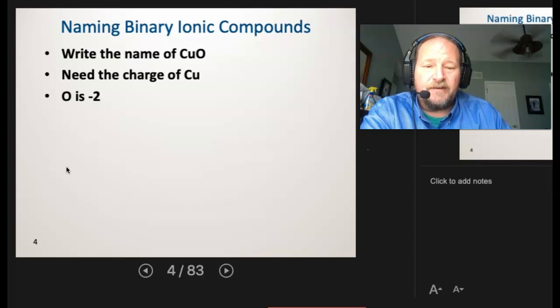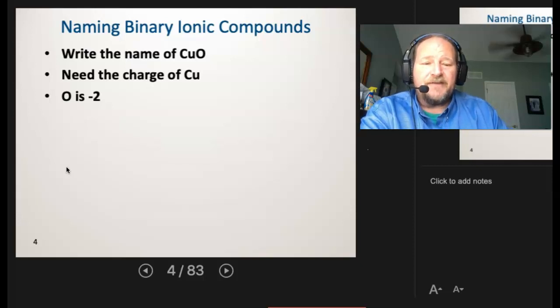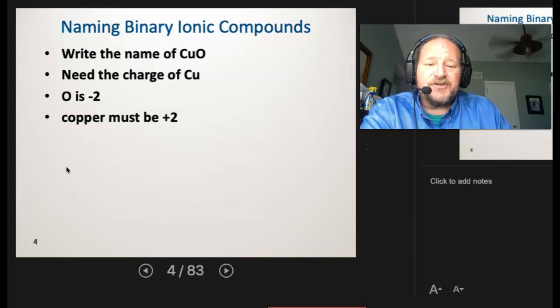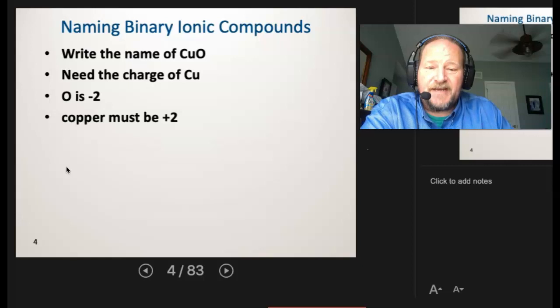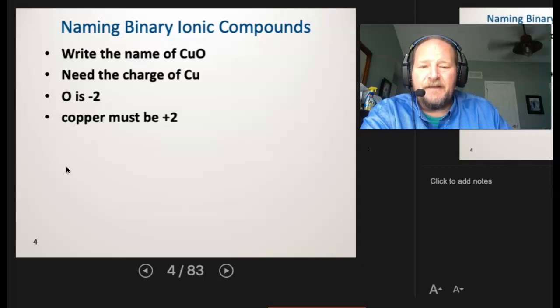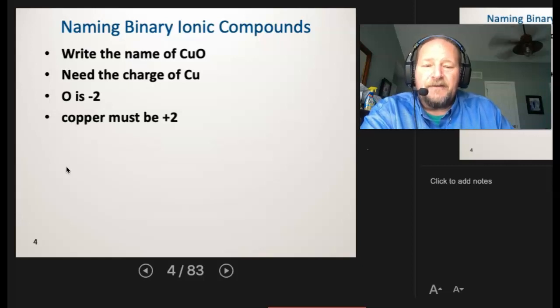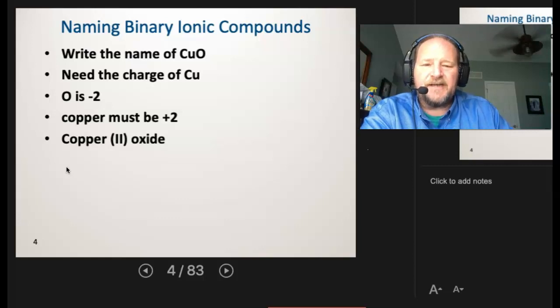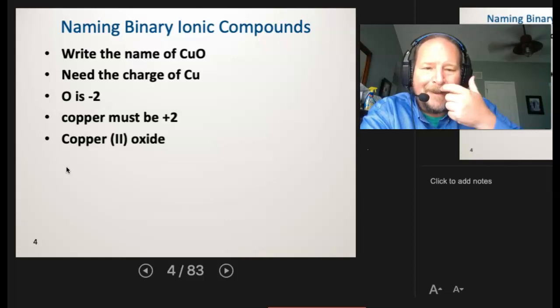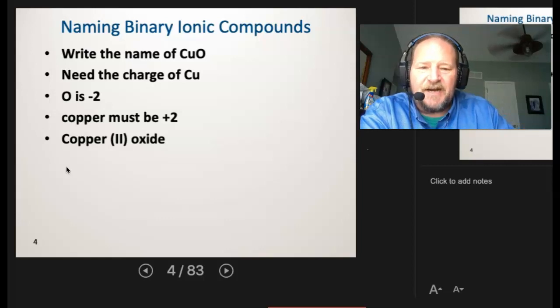Well, just 1. That means that 1 copper then has to be a +2. Now that I know the charge of the metal, and remember that's what I needed so that I could name the compound, that positive charge is going to become my Roman numeral. And so I'm going to have copper(II) oxide, where the Roman numeral 2 is the charge of the copper.